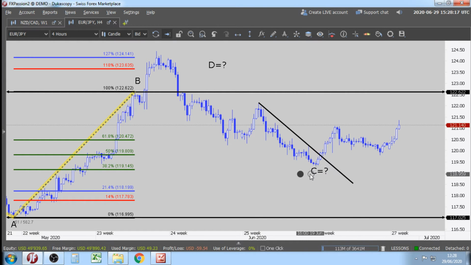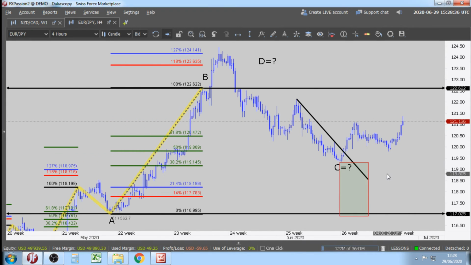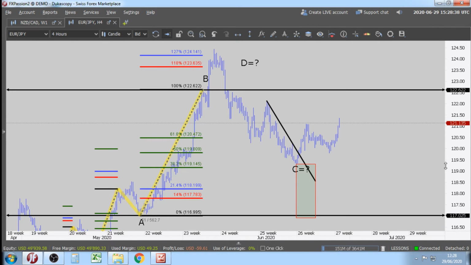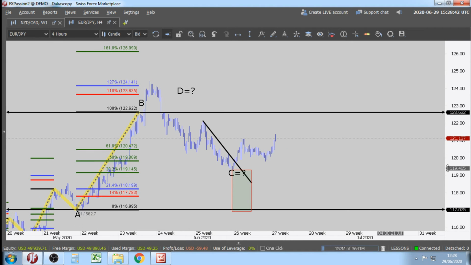Okay, so this is the C, and we talked about on Friday where is the most logical place to exit. Well, if the Fibonacci is not valid anymore at the A, we are going to put our stop loss at the A. And where is the D extension? We can project this one.